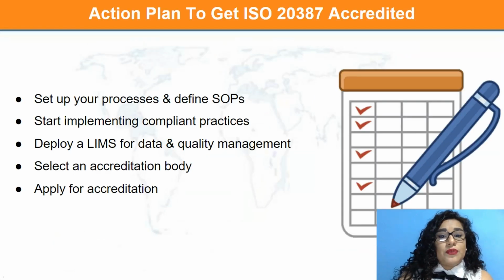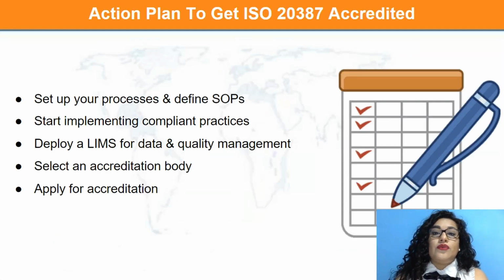So now you have an action plan to meet all the requirements of ISO 20387 and accredit your biobank. You have to set up your processes and define your SOPs. You have to start implementing compliant practices, deploy a LIMS for data and quality management, select an accreditation body, and apply for your accreditation.